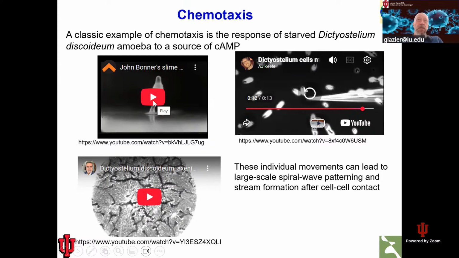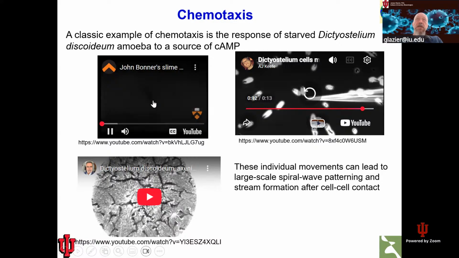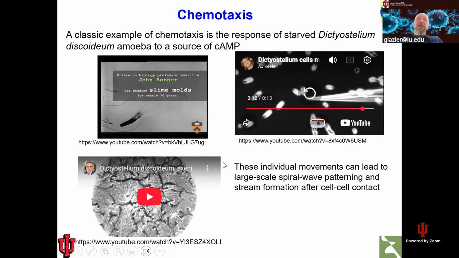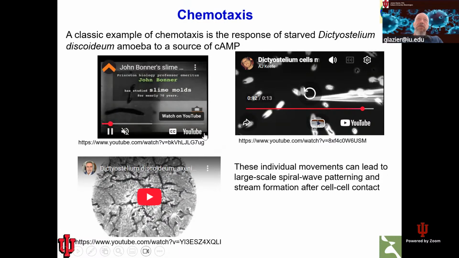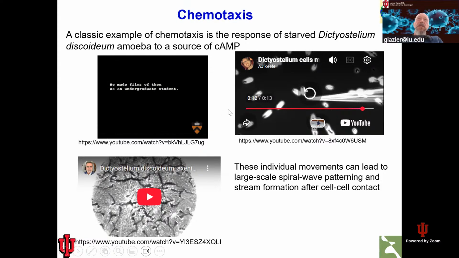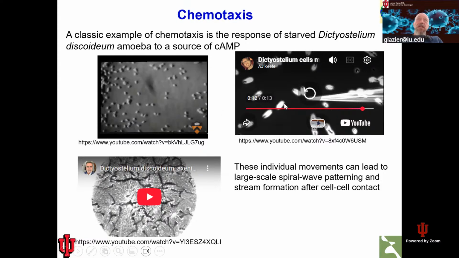Famously, and these are the simulations that Stan Murray was so famous for, he did already 20 years ago a simulation of this whole process. You get these macroscopic aggregates where the individual cells cluster, these are the same cells.